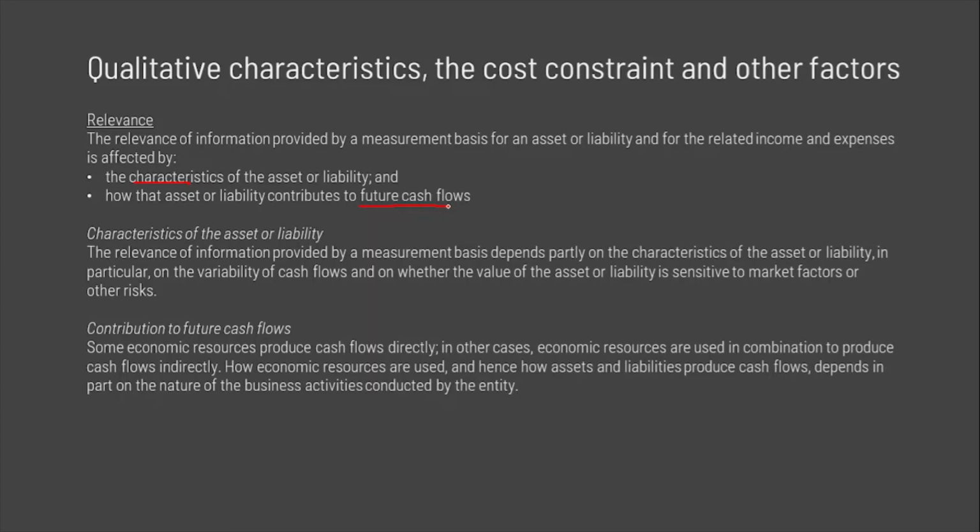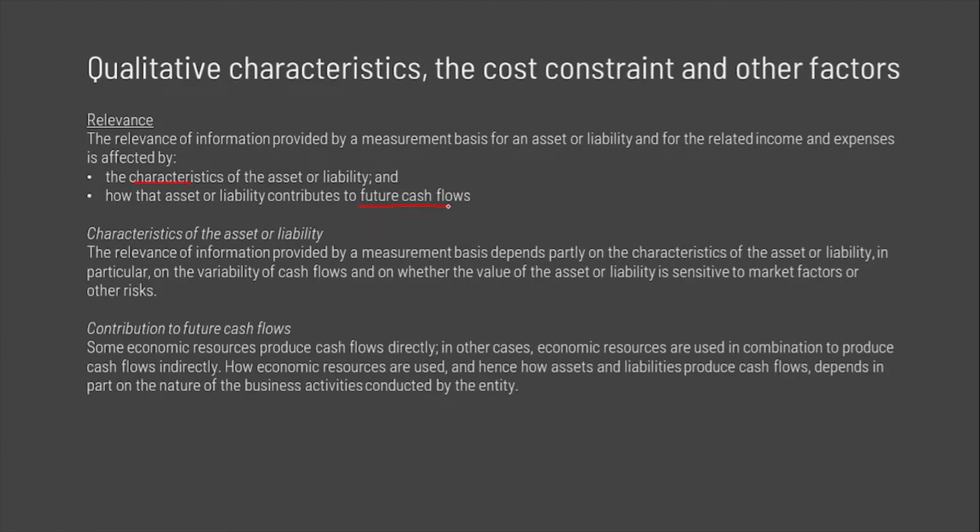Fair value measurement results in reporting the changes in market factors as they occur, rather than only when the asset or liability is derecognized. On the other hand, a financial asset or financial liability that is held solely for collecting or repaying contractual cash flows rather than for trading activities is more appropriately measured at amortized cost or historical cost.